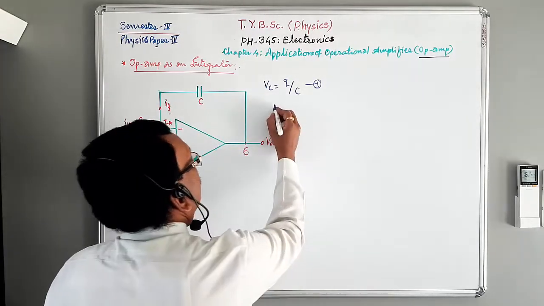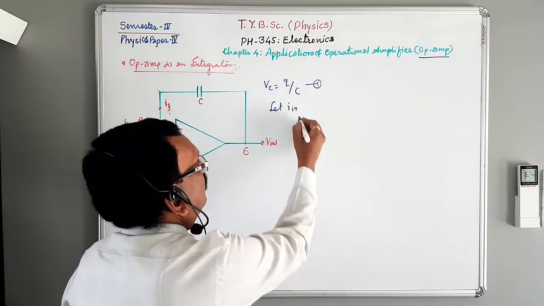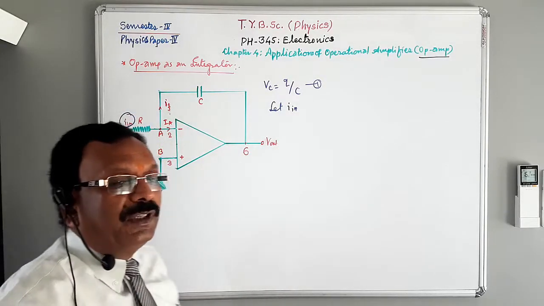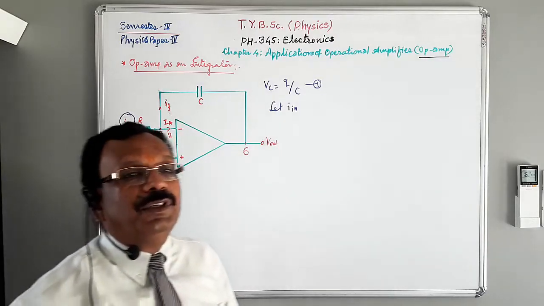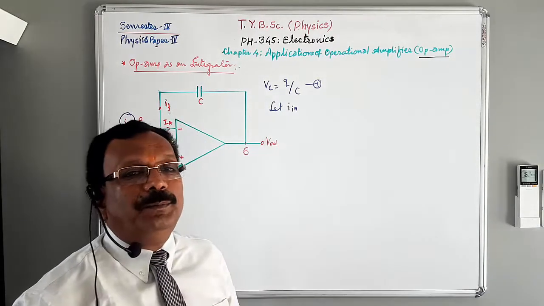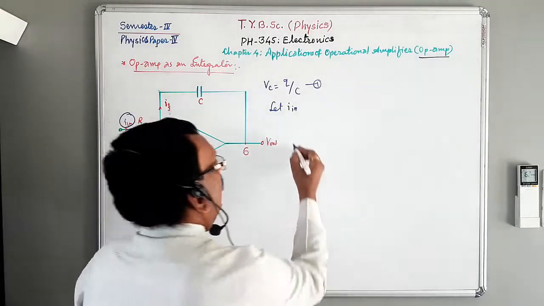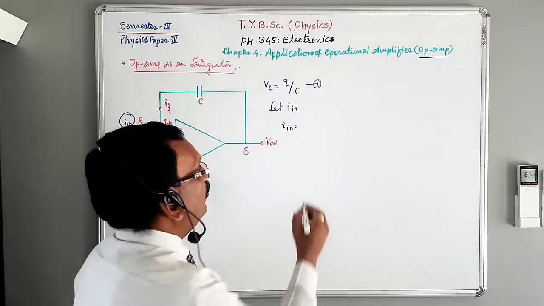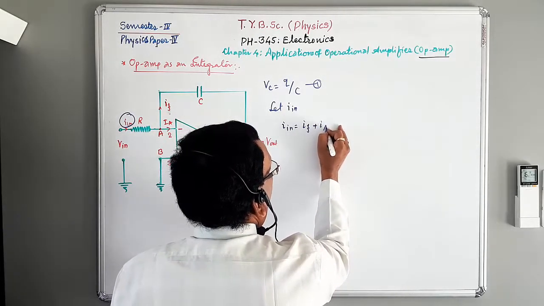Now let I in be the input current through the feedback circuit. Then we have I in is equal to IF plus IA.